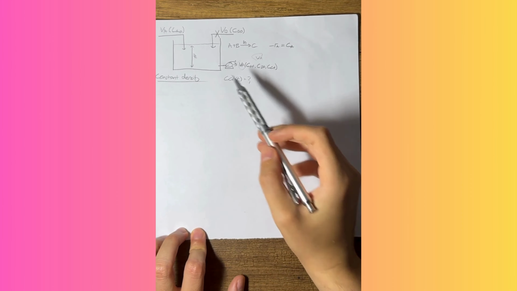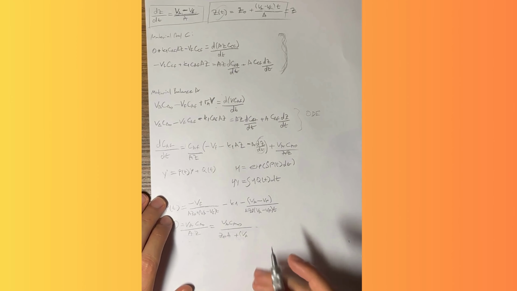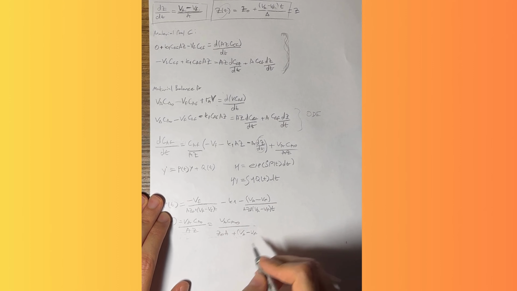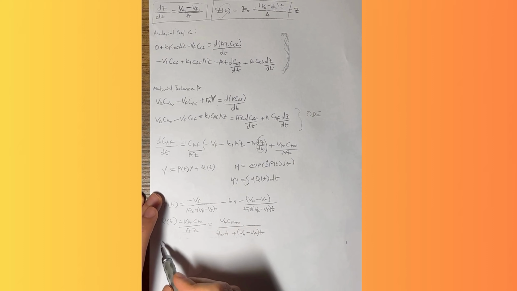VA CA0 divided by A times Z0 plus VA minus VF times t. There are no zeros on A because they are constants. Let's correct it. Okay, that's correct.